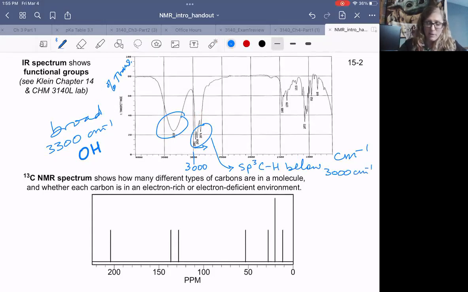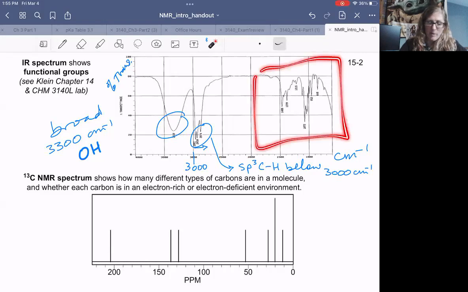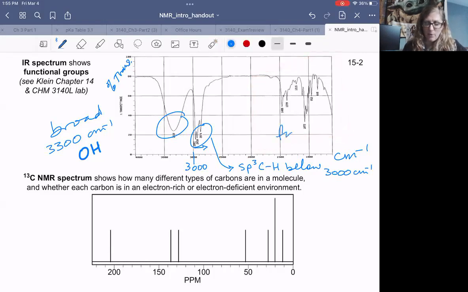Okay, and so on. This region is described as the fingerprint region because there's a whole bunch of low energy absorptions and motions that are happening here, bendings and wigglings and wagglings and so on. And so they call it a fingerprint region because it's actually so complex that it ends up being unique to a particular organic molecule, just like a fingerprint is unique to a human.